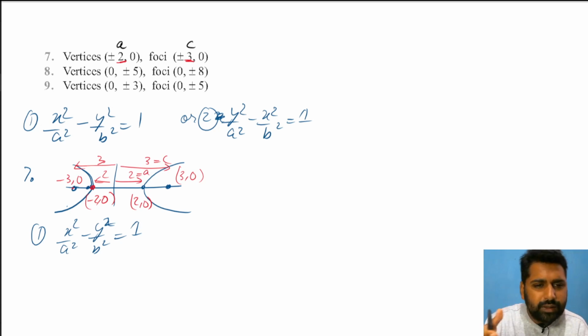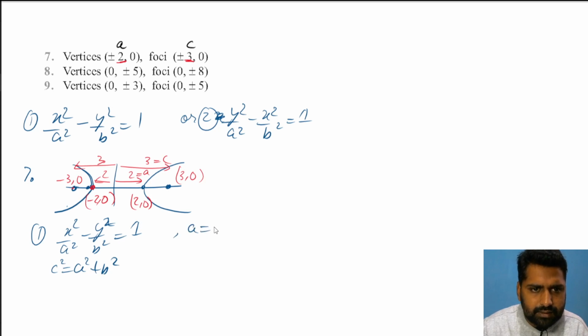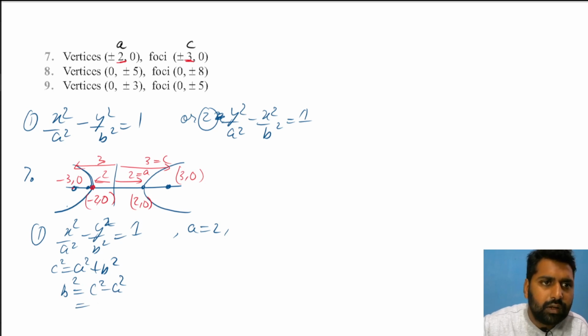Now what do we need to write the equation? We need B. So let's find B. C square equal to A square plus B square. Once we decided A is 2 and C is 3, B square is nothing but C square minus A square. Sorry, B is not 3, C is 3.